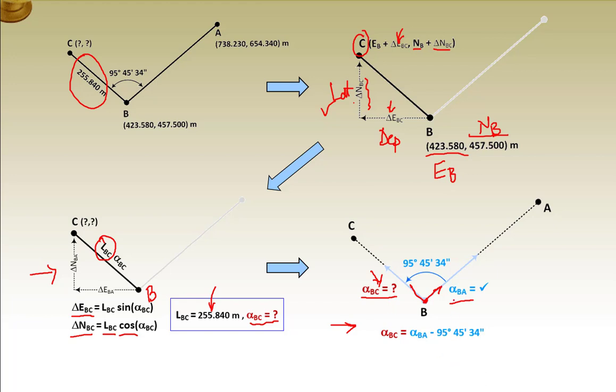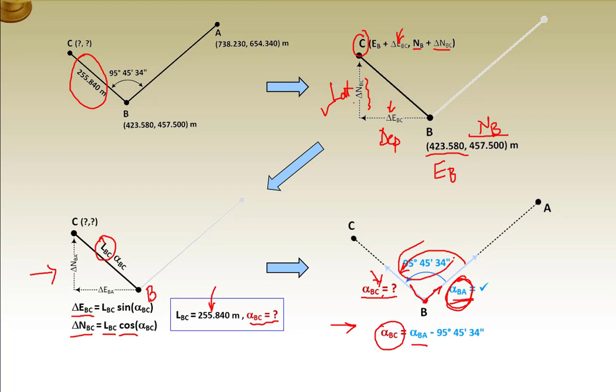But do we have alpha BA? What is the relationship between alpha BA and alpha BC? Alpha BC can be calculated from alpha BA, because the relationship is a counterclockwise angle between the course BA and BC. So we take alpha BA and go counterclockwise.